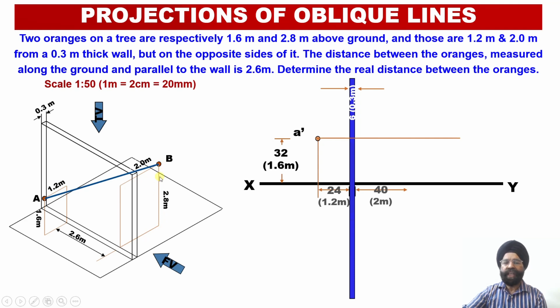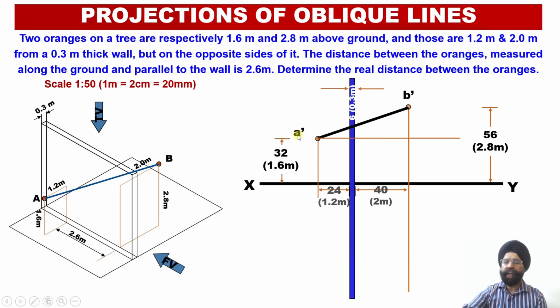So this will translate to 56 millimeter above the ground. So we have marked this distance of 56 millimeter corresponding to 2.8 meters above the ground. This way the coordinate locations of point B dash as well as A dash have been located.